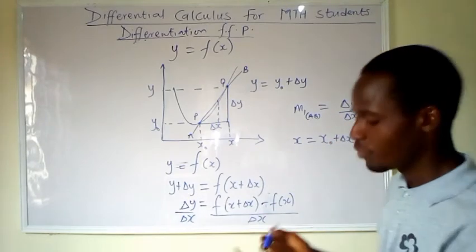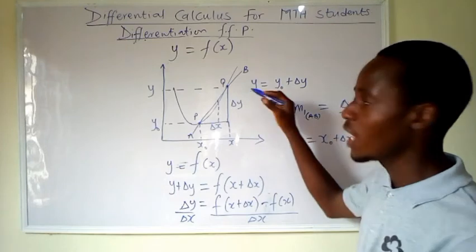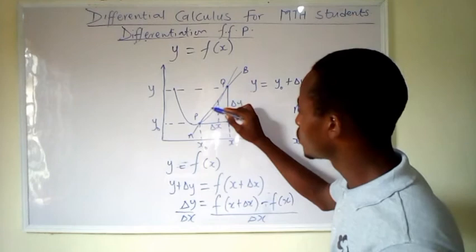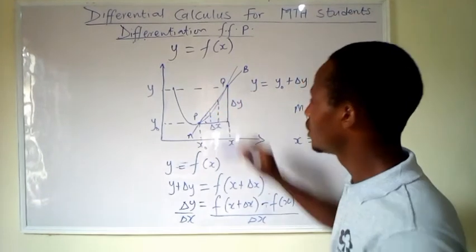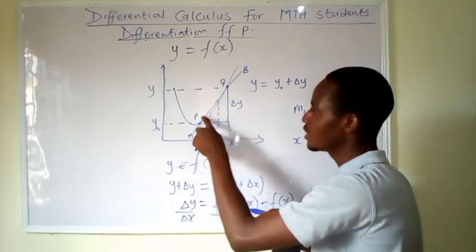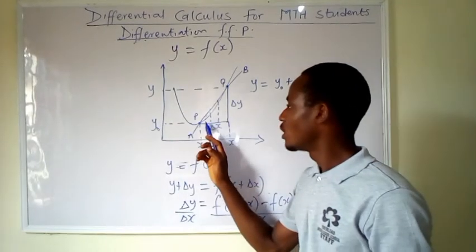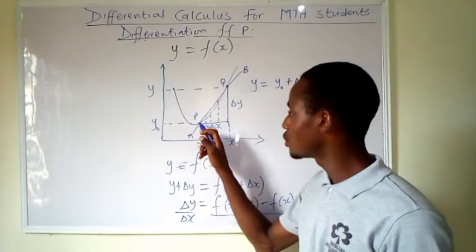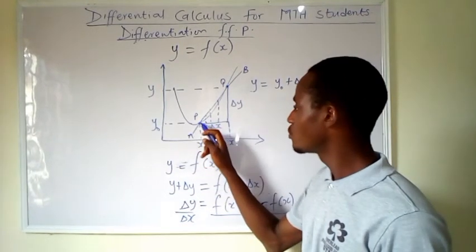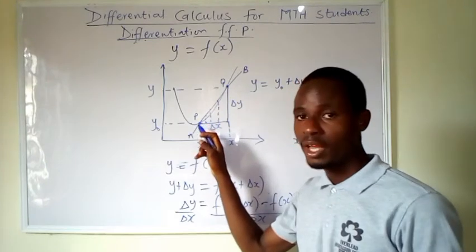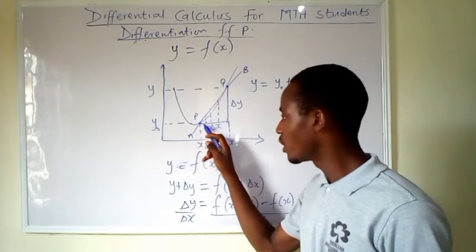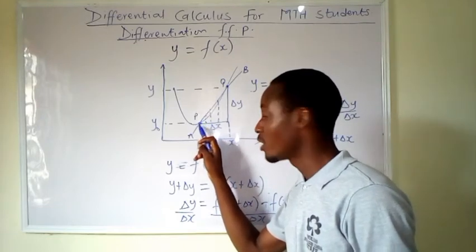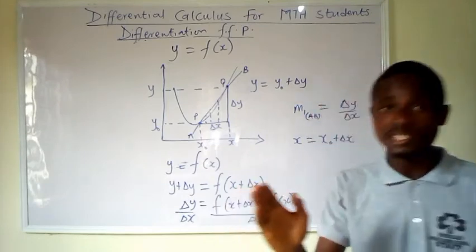So now, how do we find the derivative of this function? I said earlier that Q moves downward, and it continues doing that until, if change in y decreases further, change in x will tend to 0. In what context? Because this line forms a tangent with point P. Once change in y decreases further, you are unable to find the value of change in x again, so it closes up with the tangent.